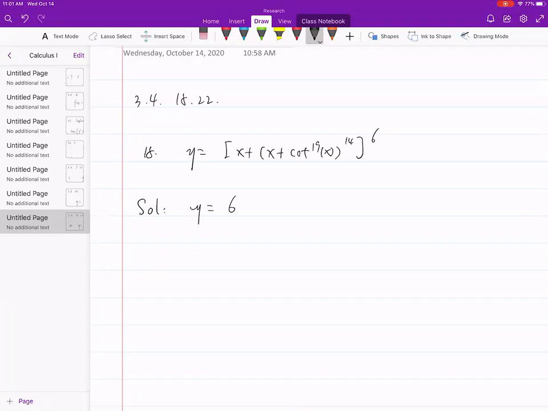Number one is the 6. Times the derivative of the inside.